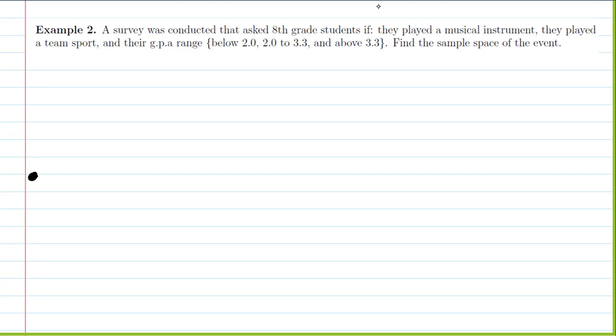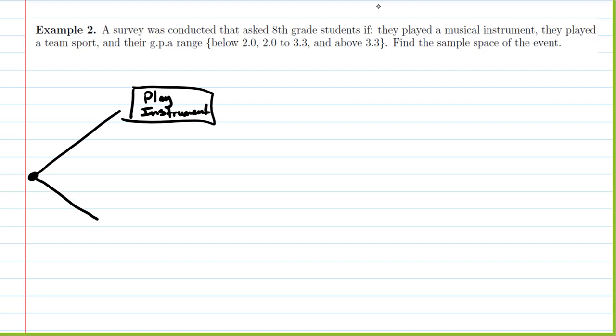So we have our student, and the first question they were asked is, do they play a musical instrument, right? So this is, they play a musical instrument. And this is they don't play.